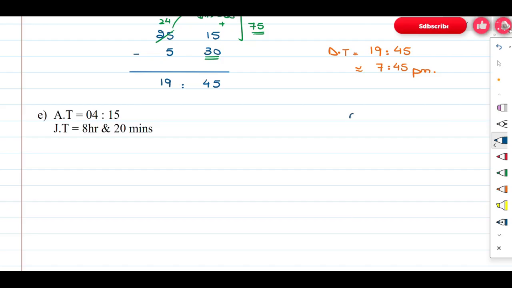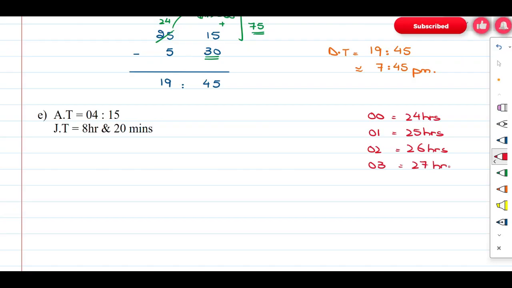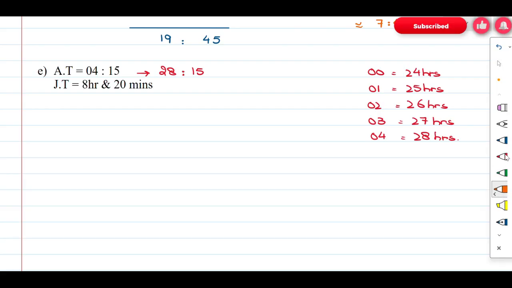What I have to do? 00 is 24 hours, right? 01 is 25 hours. 02 is 26 hours. 03 is 27 hours, and 04 we have to consider 28 hours. So we need to consider this as 28:15.